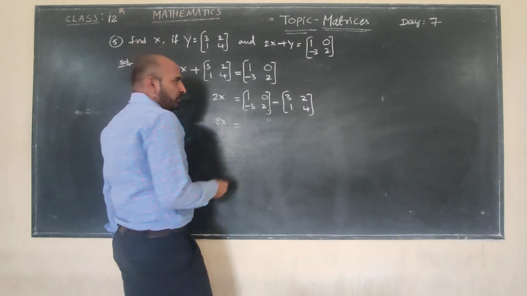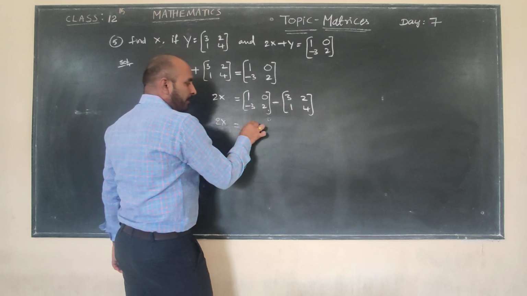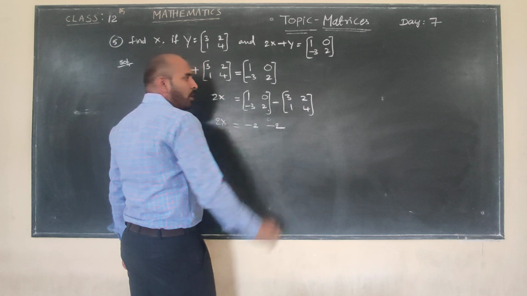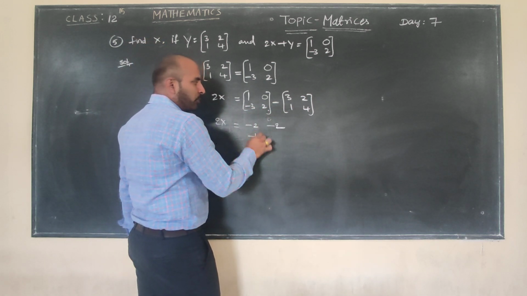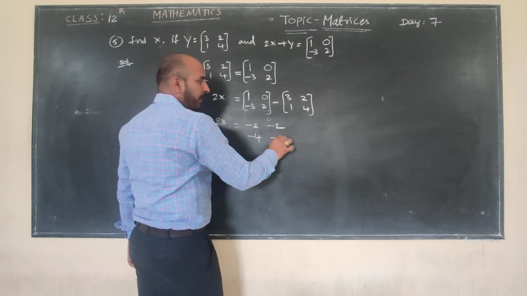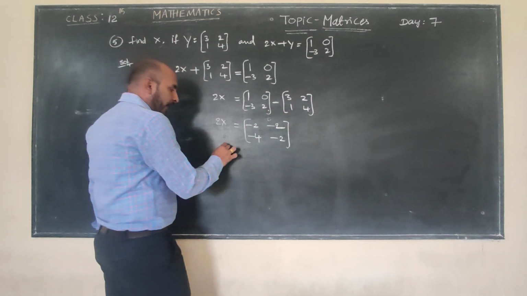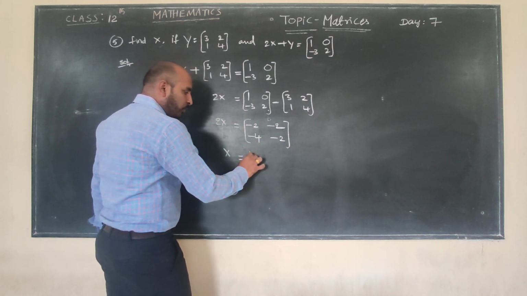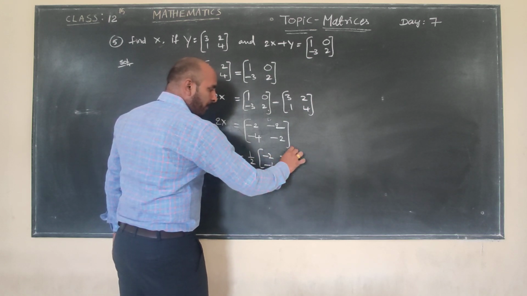Corresponding positions or elements must be subtracted. 1 minus 3 is minus 2. 0 minus 2 is also minus 2. Minus 3 minus 1 is minus 4. 2 minus 4 is minus 2. So now capital X equals 1 by 2 into the matrix minus 2 minus 2 minus 4 minus 2.